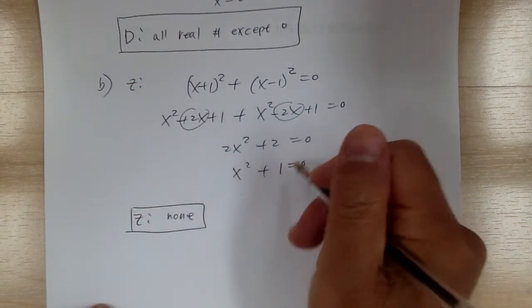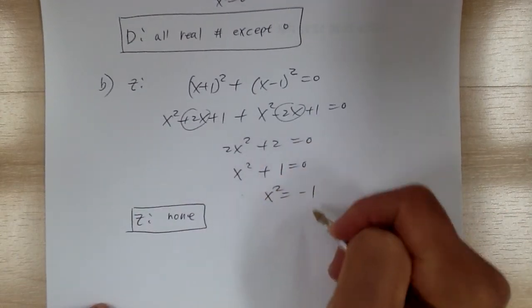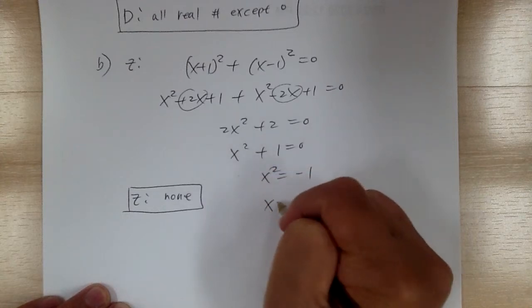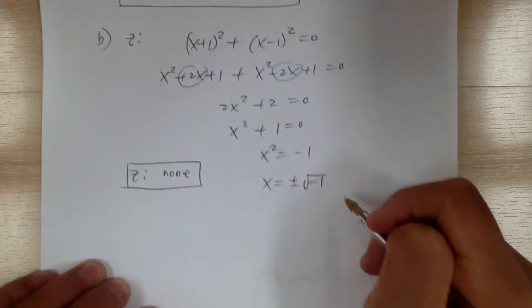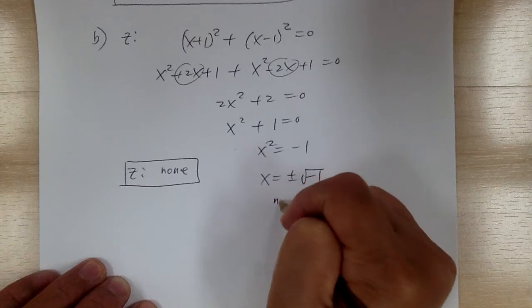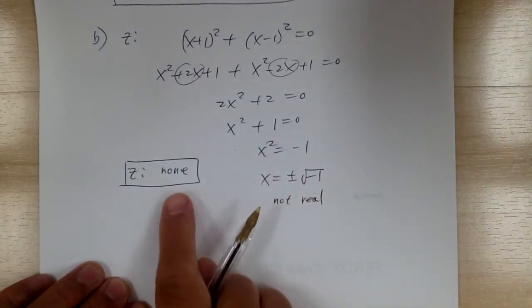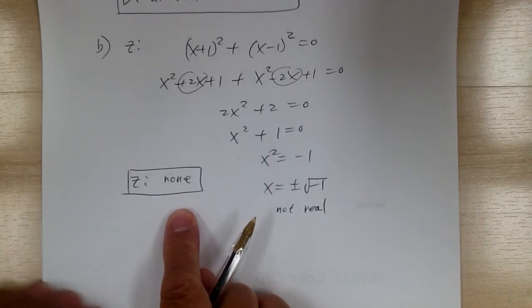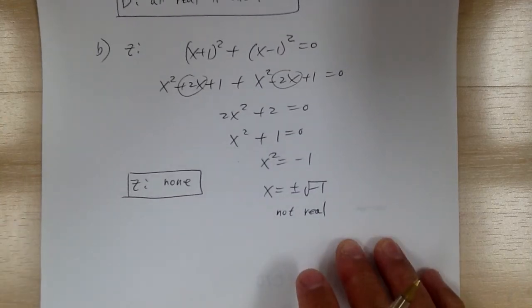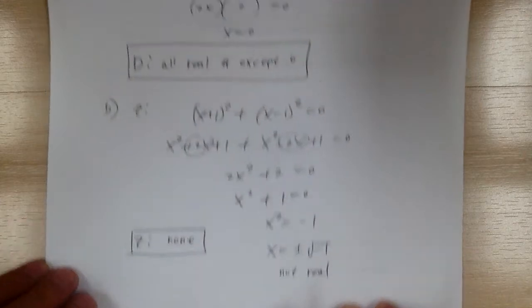If you want to continue, you're going to get x squared equal to negative 1, and you take the square root, you're going to get x equal to plus or minus square root of negative 1. This is not real, and therefore there would be no real zeros. Okay, let's go to 27.